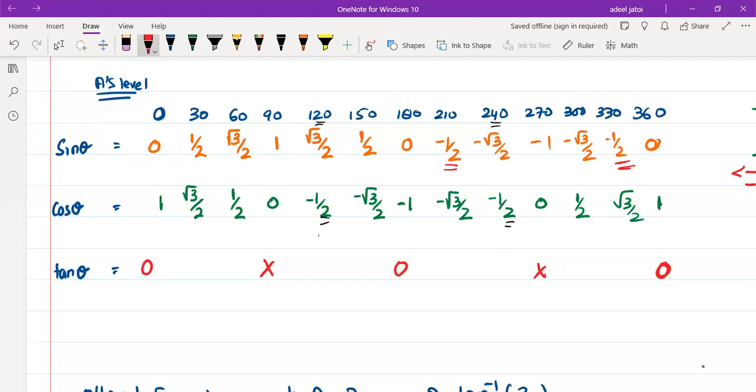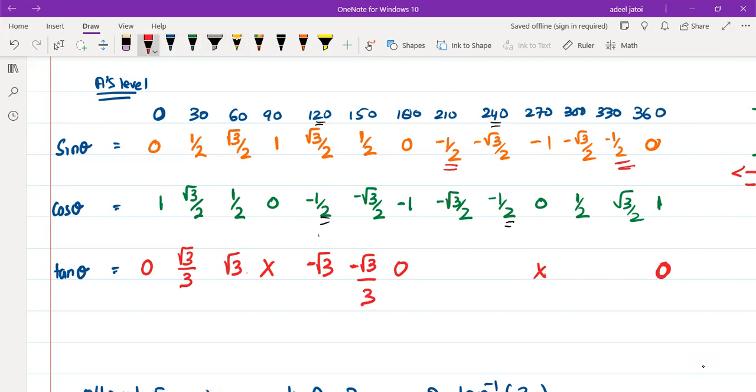Can you calculate tan 60? Tan 60 is under root 3. And tan 30 is under root 3 upon 3. Do you agree? Now calculate tan 120, which is negative under root 3, and tan 150 is negative under root 3 upon 3.